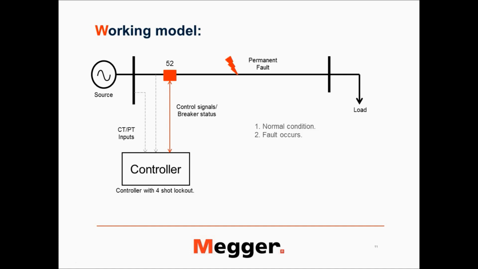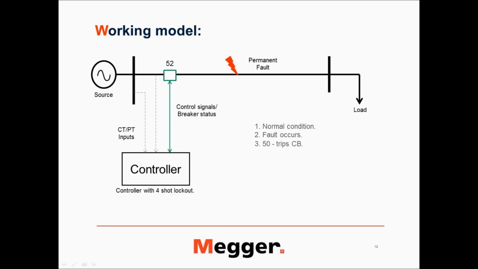As soon as the fault occurs, your protection function, either a 50 function, 51 function, 27 undervoltage, or a distance element 21 function, will pick up that fault, and that will open the circuit breaker. And that is what is triggering your 79 function.